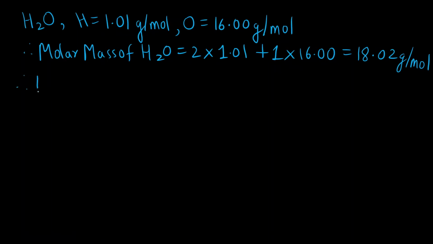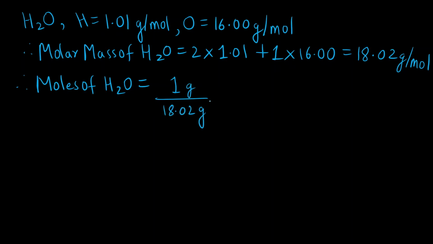Now we can find out the number of moles of water. So moles of H2O is 1 gram divided by 18.02 grams per mole, which is nothing but 0.055 mole.